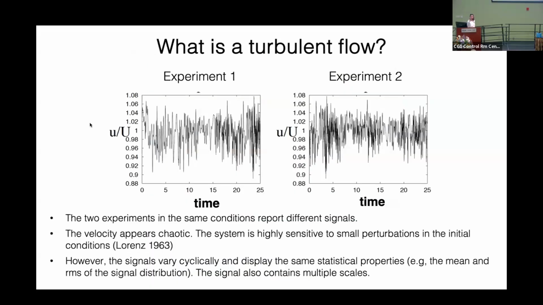Now at this point, you can stick a hot wire into your flow and measure the velocity. What I'm showing here is two experiments: the measured velocity as a function of time in two experiments performed under the same conditions. What you notice is that, if you compare the signals point by point, what do you find?